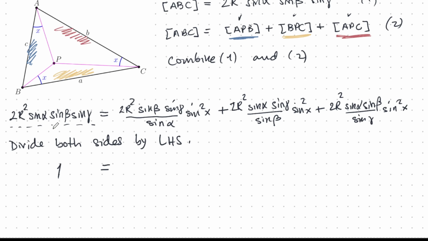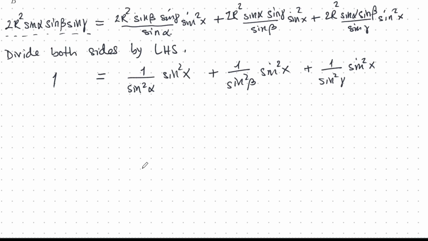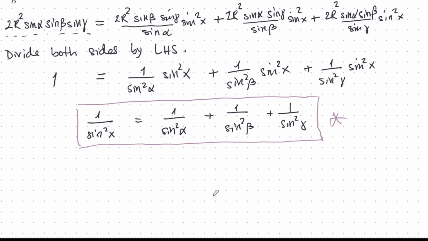And I'm going to get rid of the sine beta and sine gamma, but I'm going to have another sine alpha in the denominator. And so I get this, and the same sort of thing happens for the other two terms. And there we go. Now we have it. We just rearranged things a little bit. And there it is, a formula for Brocard's angle in terms of the other three angles.